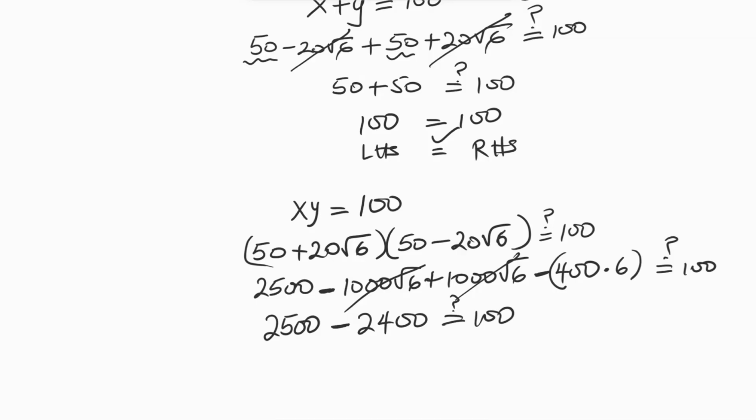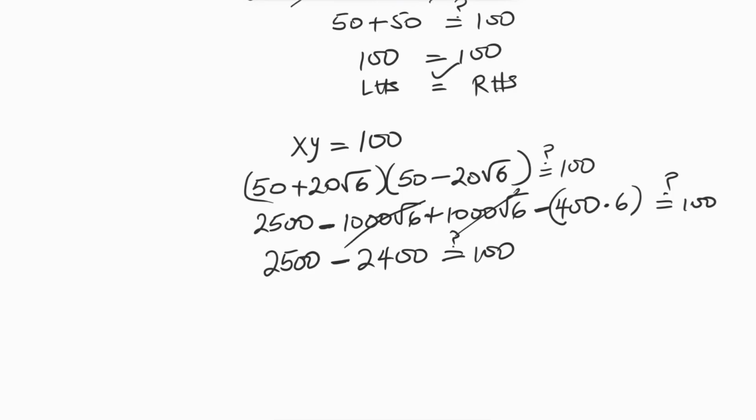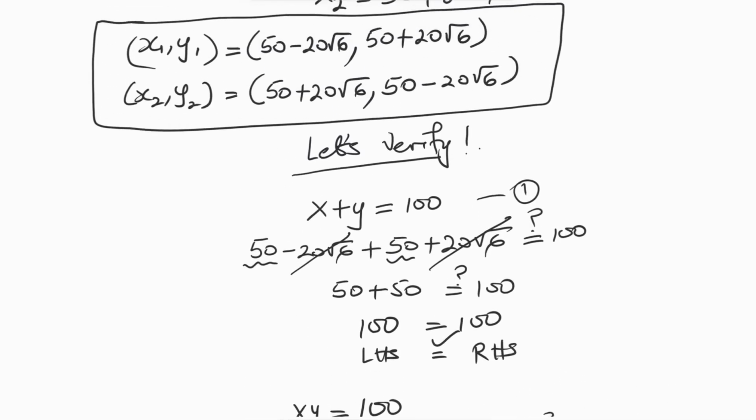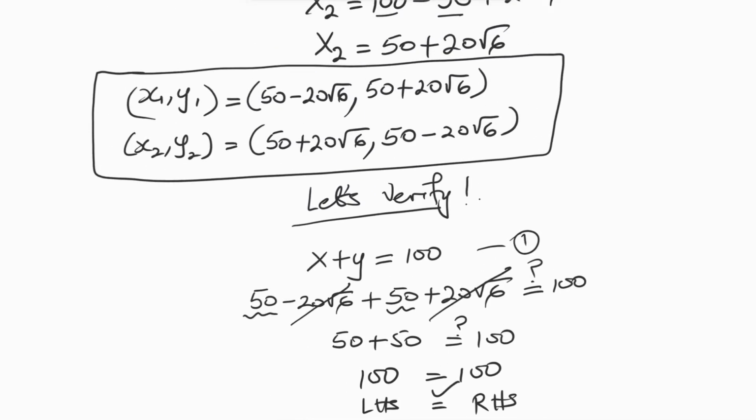And when we subtract 2400 from 2500, we have 100 left. And we can see that our left-hand side is equal to our right-hand side. Therefore, our values for x and y, the four values of x and y, are correct.